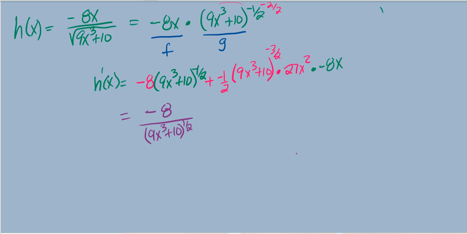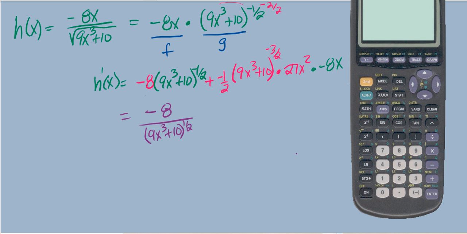Over here, I can look at multiplying my numbers: 27 times negative 8, which will give us negative 216.